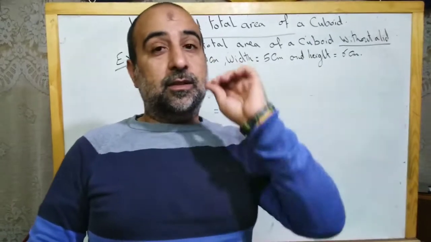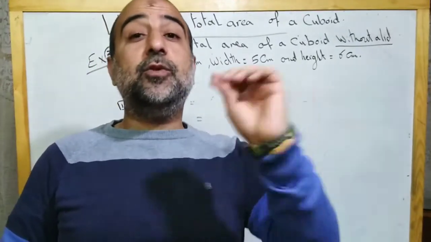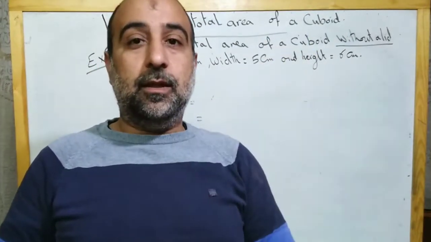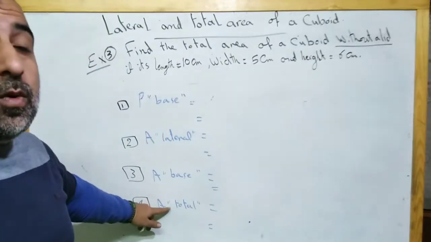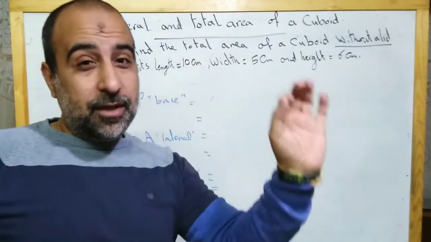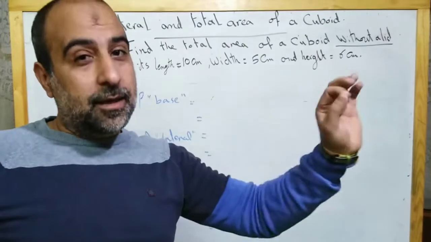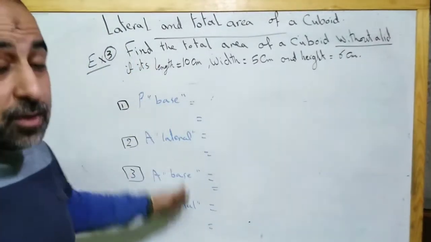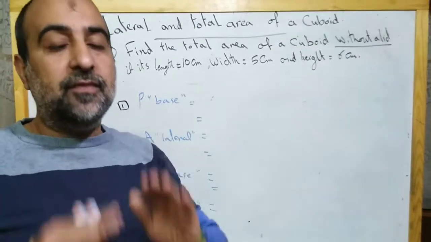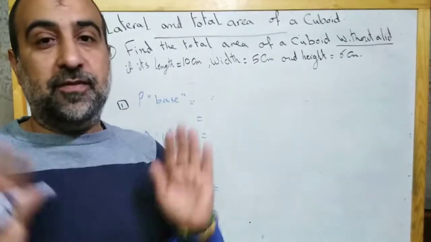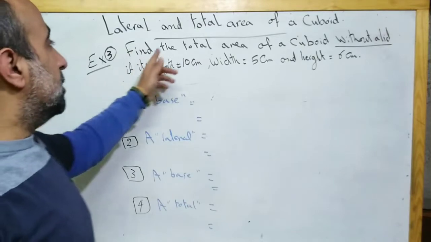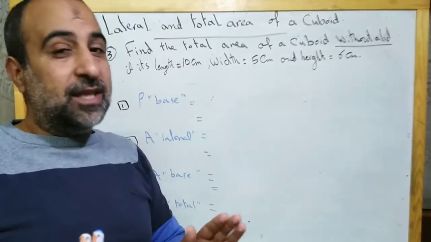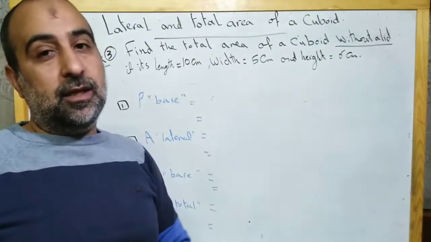To find the total area, first you must get the lateral area, because the rule of the total area is lateral area plus the area of the bases. If we need to get the total area, we have to find the lateral area first. So he told me to get the total area, but I have to get the lateral area also.